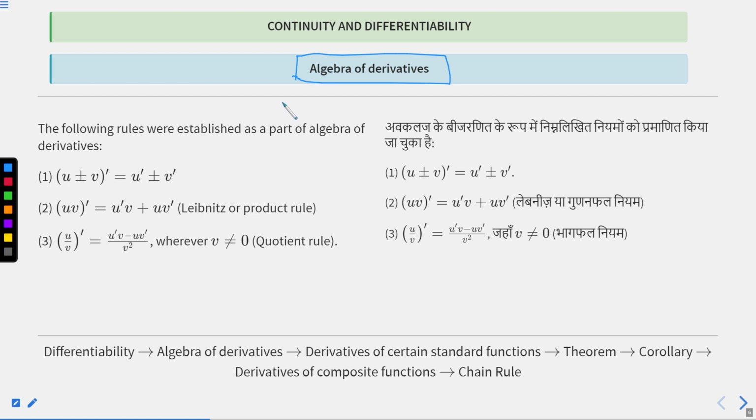Obviously everything must be defined in a precisely correct way. Now the same thing happens if u is a continuous function and v is another continuous function: then their sum or difference is also going to be differentiable. So this means u dash and v dash. Their product is also going to be differentiable, which will be in this form.